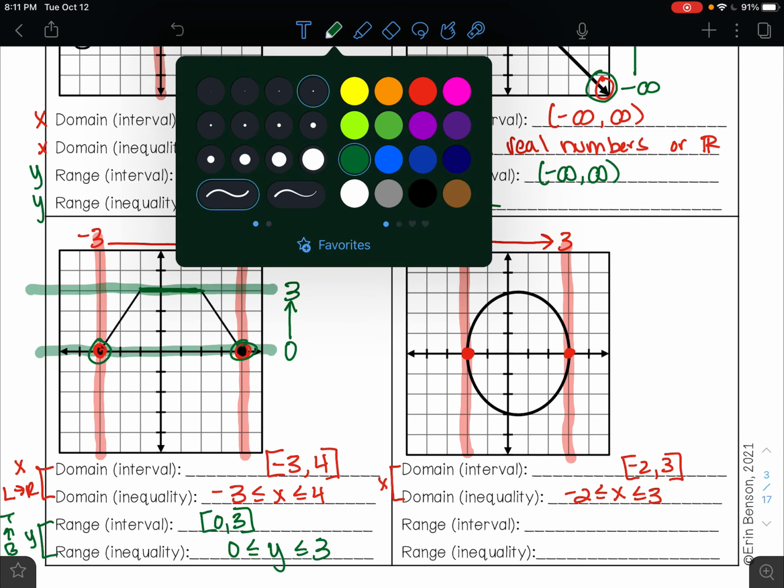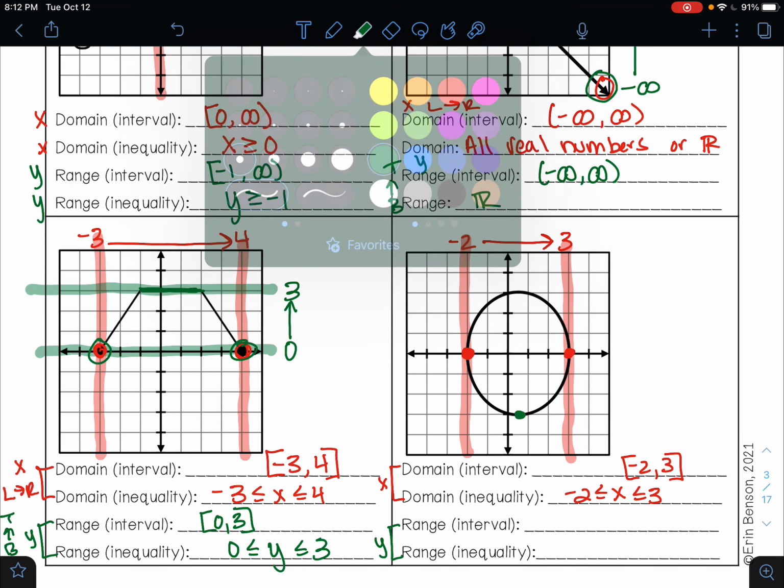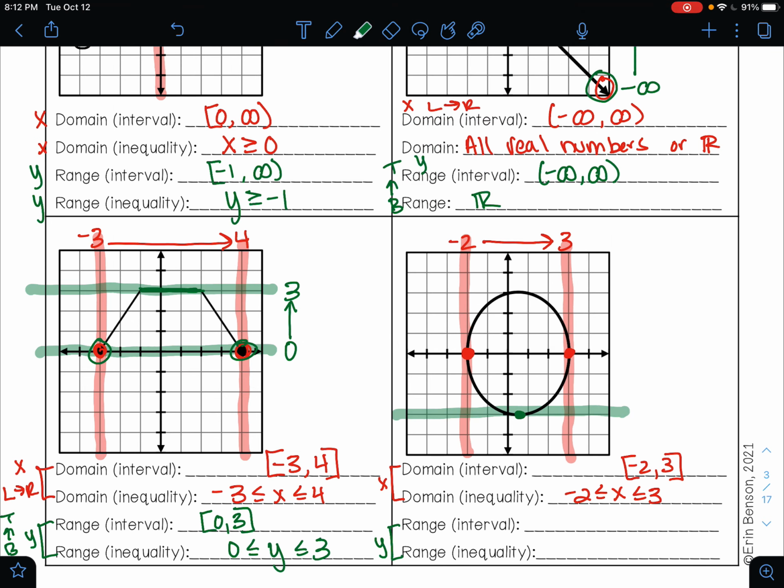For my range, it is my y values from the bottom of my graph to the top of my graph. The bottom of my graph is this point right here. This is where y is -3. The top part of my graph is this point right here. This is where y is, let's see, 1, 2, 3.